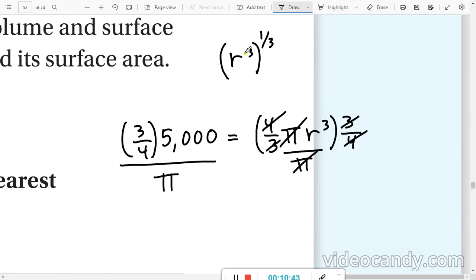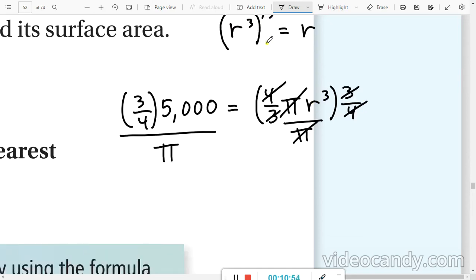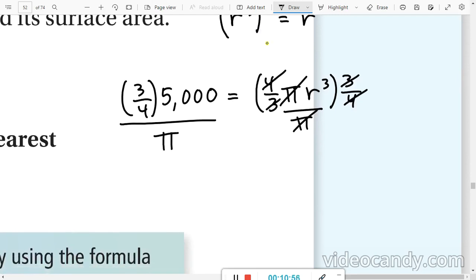All right, r to the third power raised to the power of 1/3 is just going to be r. So in order to get rid of r cubed, you raise it to the power of 1/3. All right, so this whole thing right here is going to get raised to the power of 1/3.